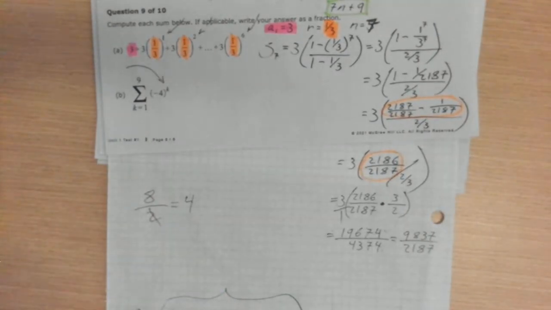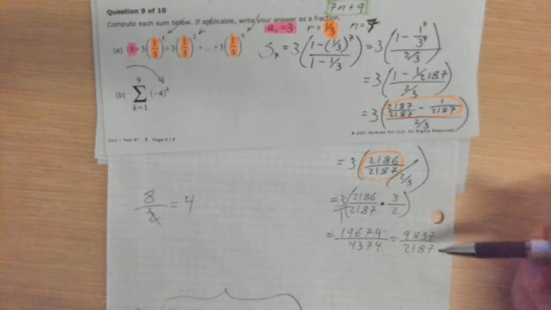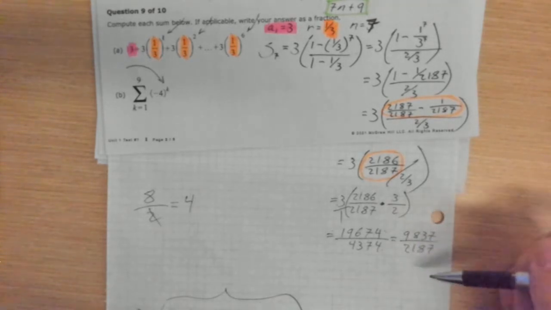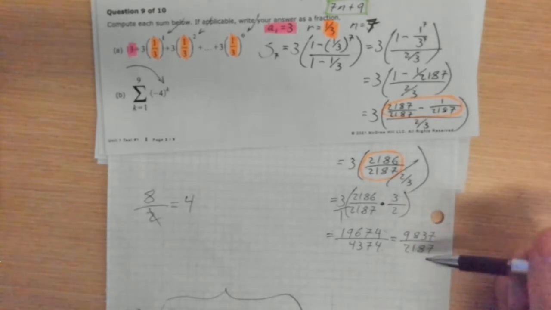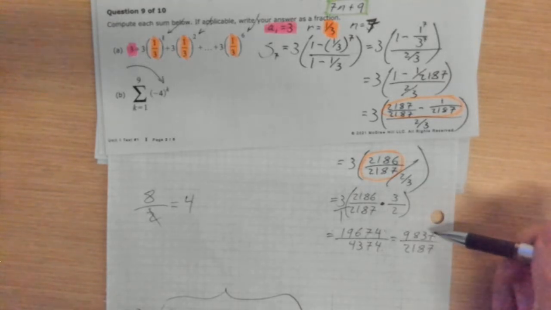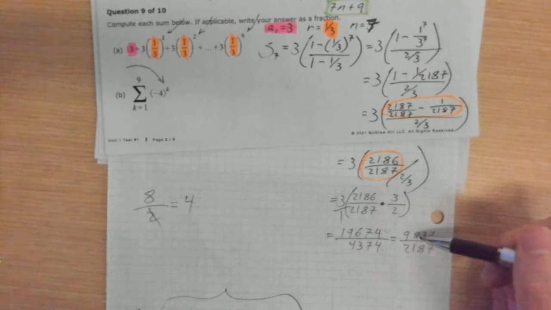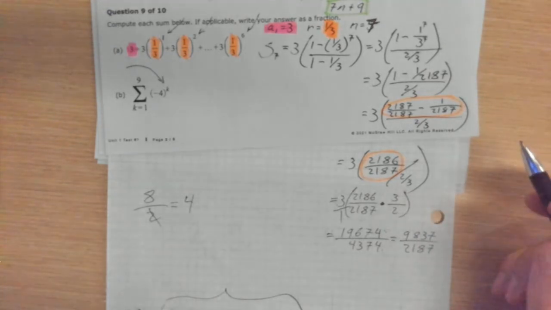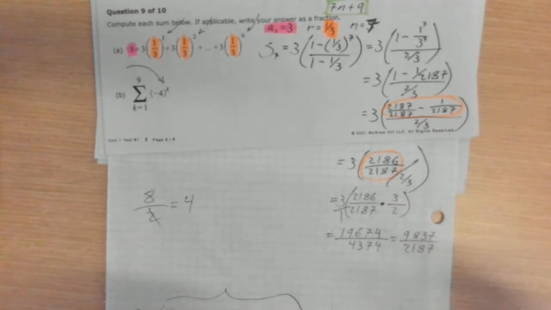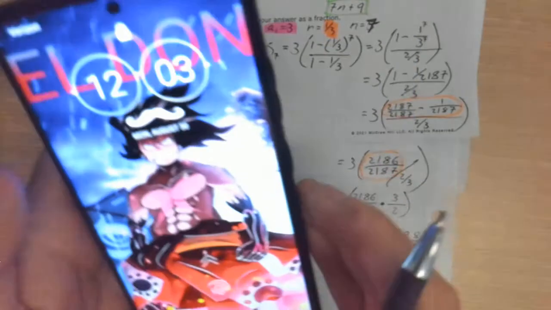No, not yet. So there are other methods. Let me see. Okay, so the bottom is divisible by 3. 9, 10, 18. Yeah, the top is also divisible by 3. How do I know that? I'll show you guys a trick.